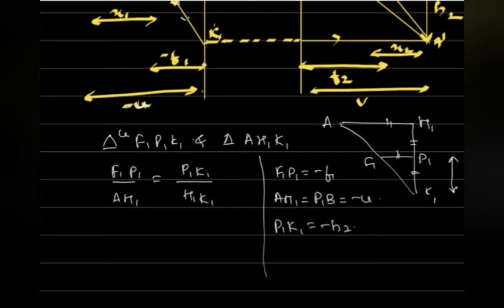So now next one, H1 K1 is equals to H1 P1 plus P1 K1. So what is that? H1 minus H2.